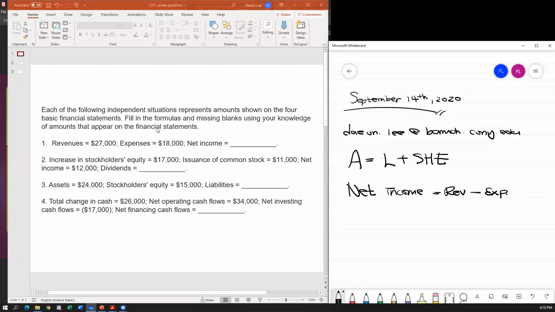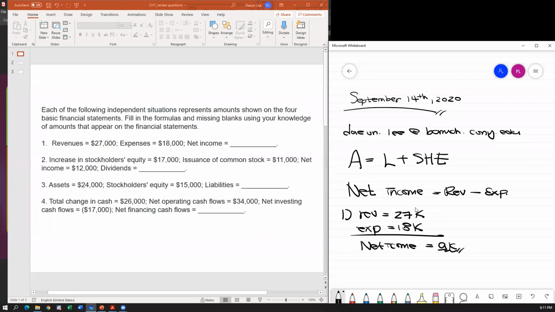Let me write it down. Revenue equals 27K, expenses equal 18K. So at the end of the year, net income equals 9K, or $9,000. Very easy stuff. So let's go to number 2.